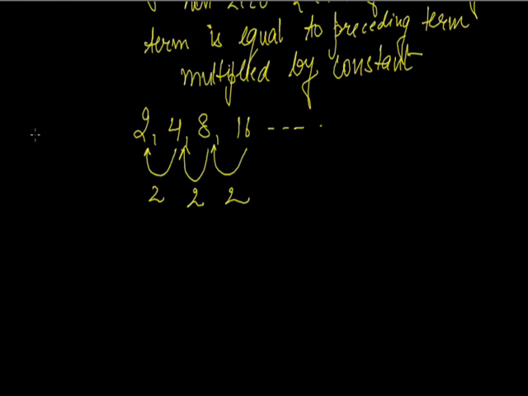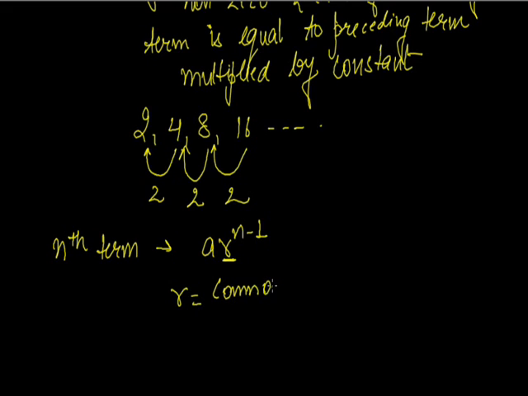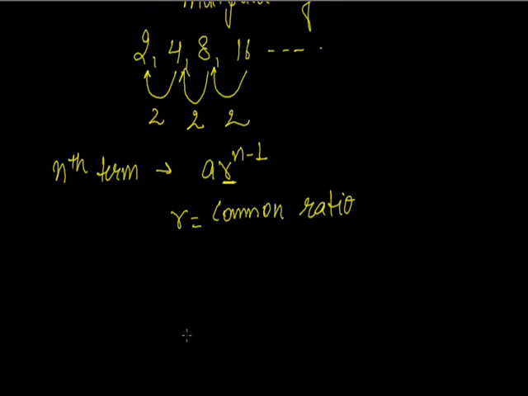In this, we can find the nth term with the formula a r power n minus 1, where r is the common ratio between the terms. That is, in the first case, the common ratio is 2 in each case.